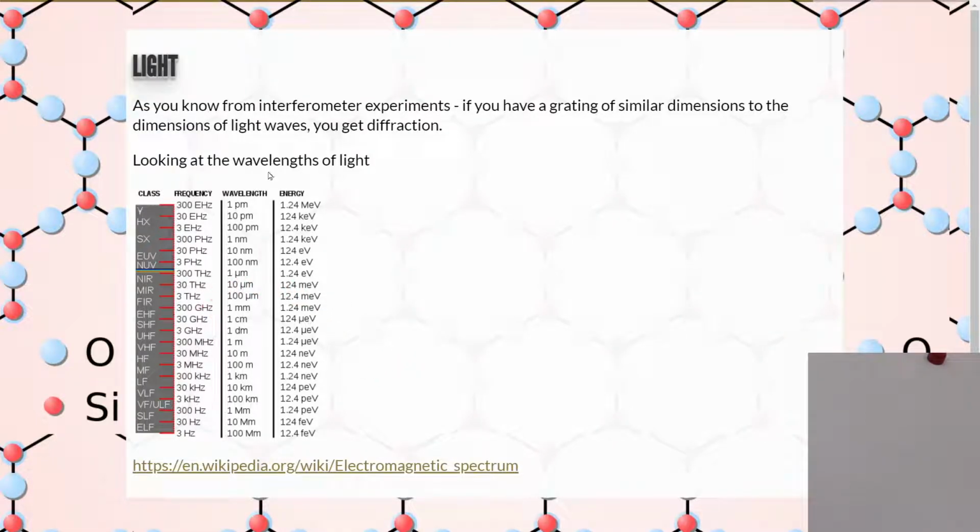So if we want to be able to measure distances in a crystal, we need to use some measuring stick that has measurements on the order of angstroms, which means we need a wavelength of the order of nanometers.